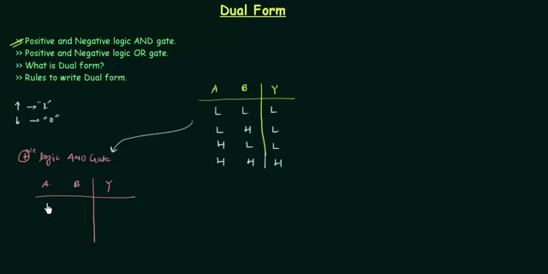Low is 0 in positive logic, so we have 0, 0, the output is 0, 0, 1, because high is 1 in positive logic, output is 0, 1, 0, 0, 1, 1, 1. So this is the simple AND gate in positive logic, and we are going to use this table throughout this course. Now we will find out the negative logic AND gate.